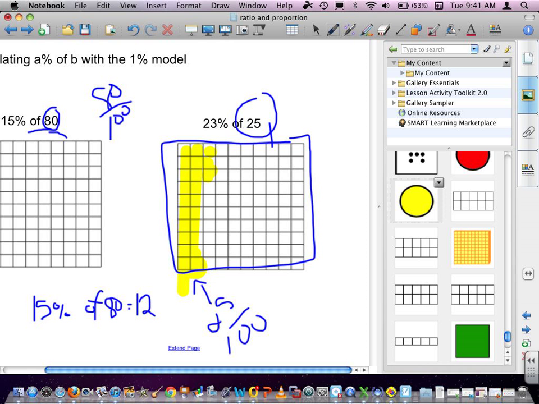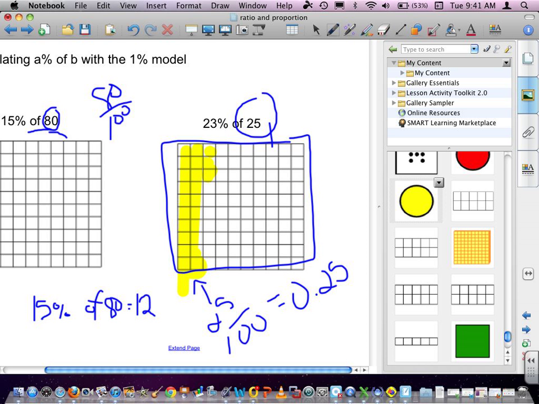Because I'm saying the whole right now is 25. So each square is 1/100th of 25, or 25 divided by 100, which we now know, because we learned about decimals, is what as a decimal? 0.25, or if this is money, what is it? Quarters.